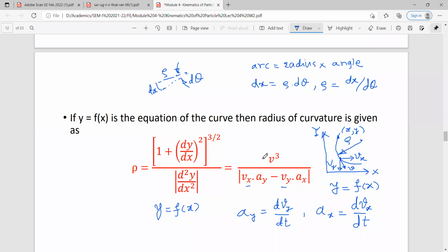Few concepts you need to remember. Is it done? Please note it down.